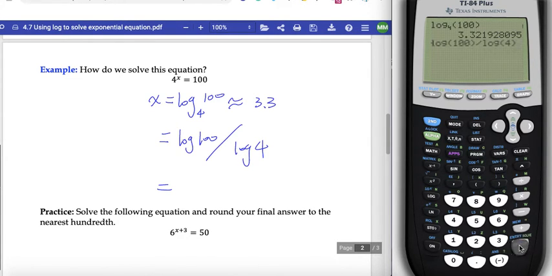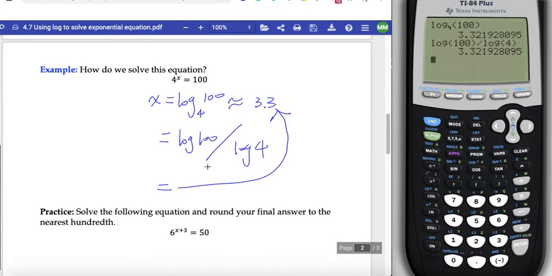You will see they have exactly the same value. So if you do not have the log base mode in your calculator, don't worry, you can still use the change of base formula to solve it.